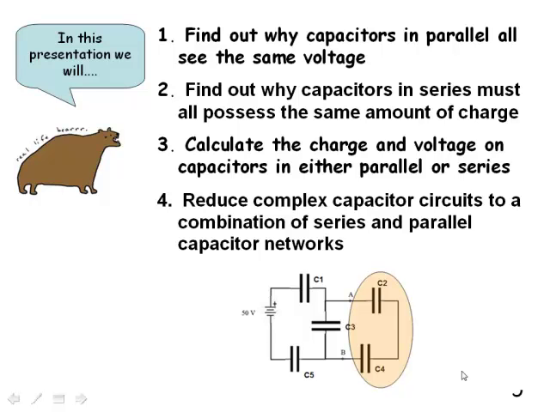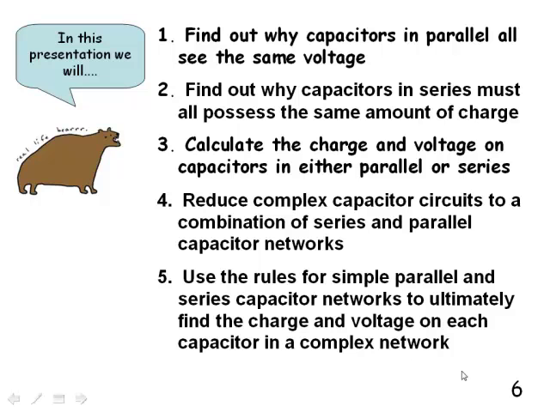And we'll learn to reduce complex capacitor circuits to a combination of series and parallel capacitor networks. And then we'll use the rules for simple parallel and series capacitor networks to ultimately find the charge and voltage on each capacitor in a complex network.